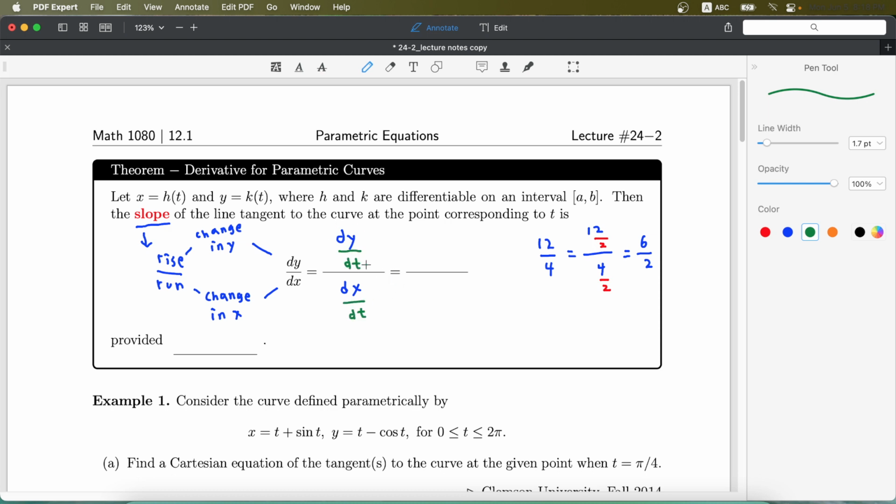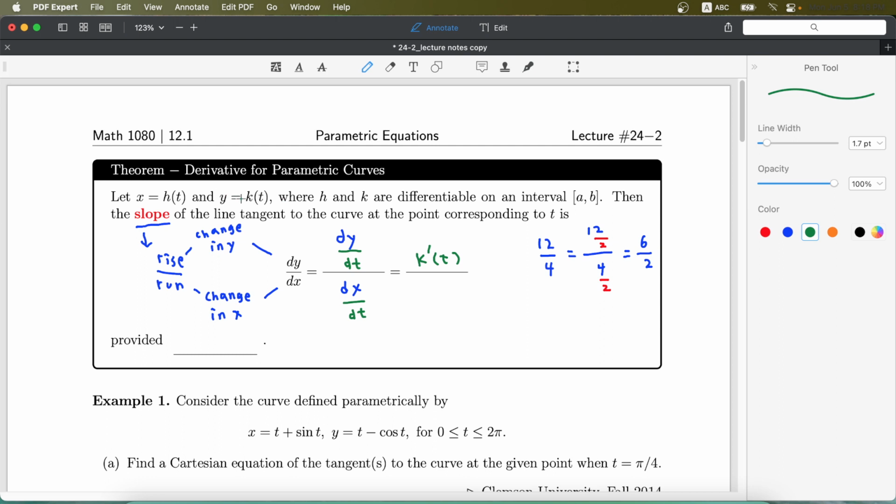You can see that we have dy over dt as my numerator and dx over dt as my denominator. Notice that dy over dt is the derivative of y with respect to t, and since y is a function of t, dy over dt is k prime of t.